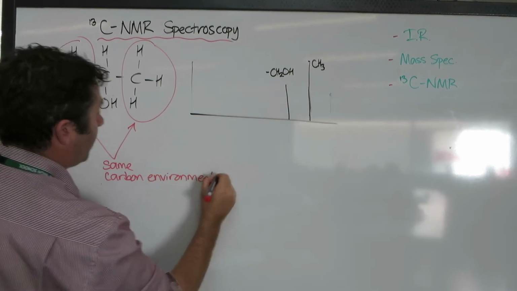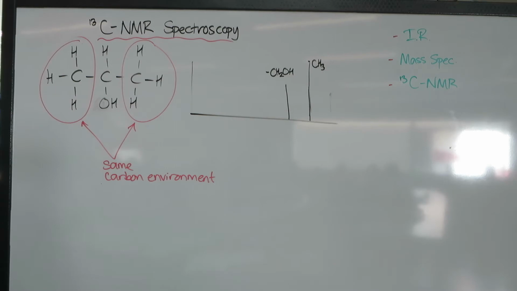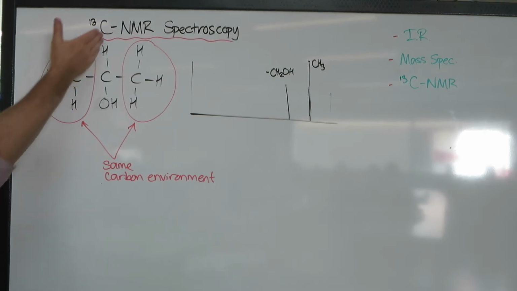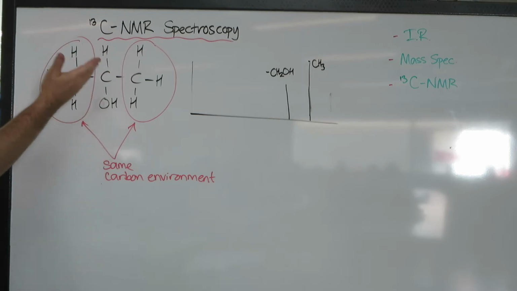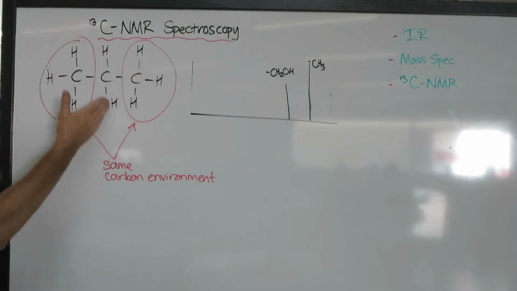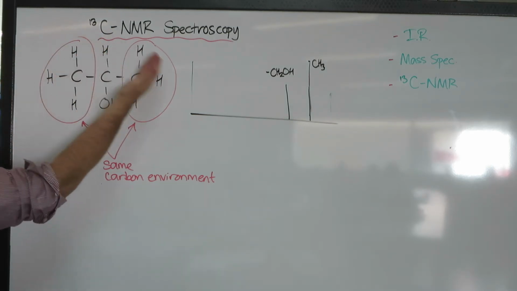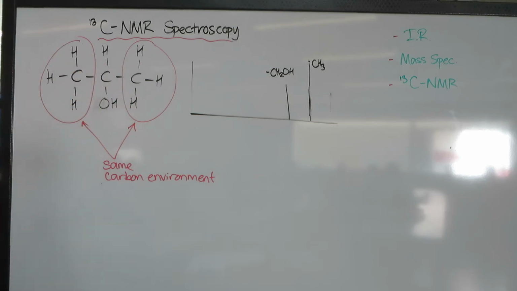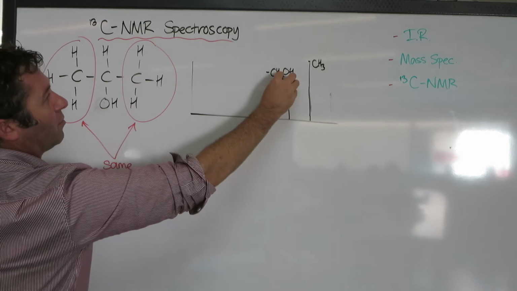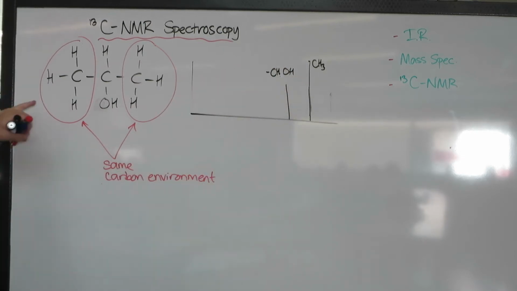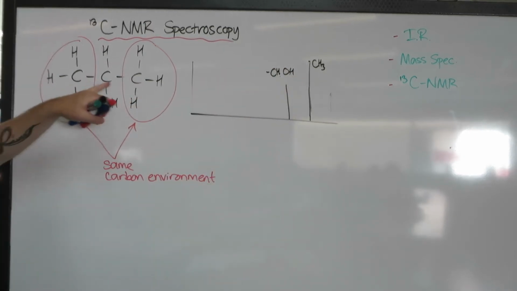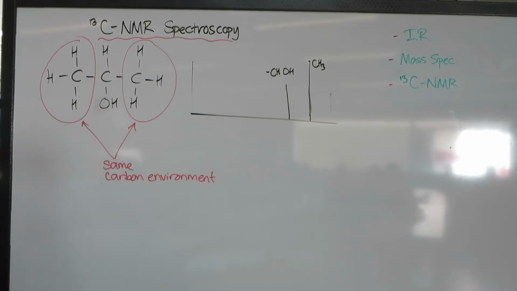So if you find a molecule has got symmetry, this is where your maths will come in quite nicely, and we can see a line of symmetry straight down here. The 2 sides of the CHOH are identical. Then what we've got is 2 things that are identical. So they only show us one signal on our spectrum.